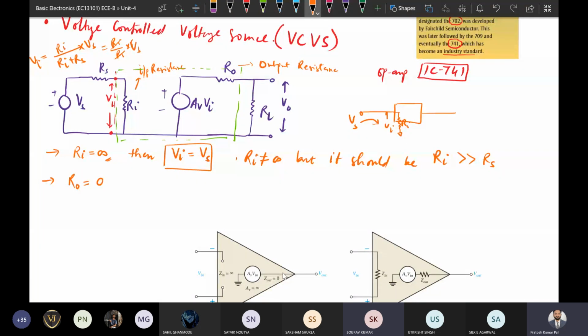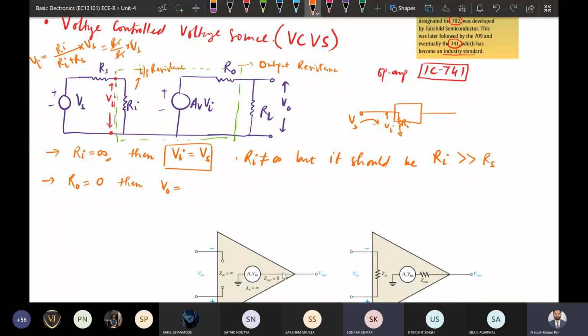If the output resistance is 0, then for this circuit V output will be whatever voltage term is there, the input voltage multiplied by the gain, and that voltage will appear directly across this RL.